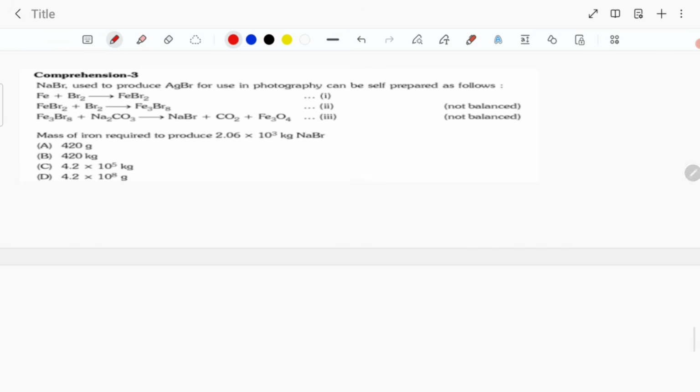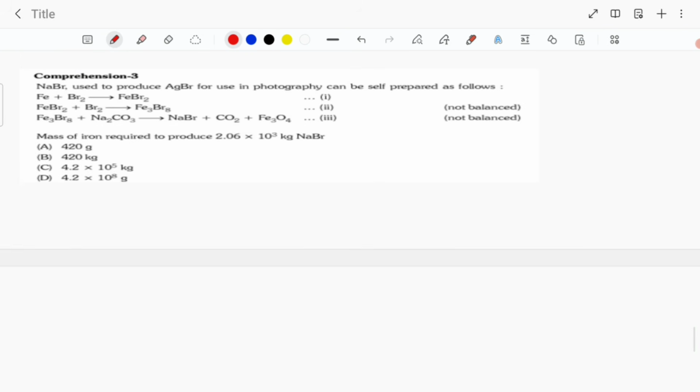Next question. NaBr, first everyone read the question. I think everyone has gone through the question. According to the given question, these reactions are not balanced.